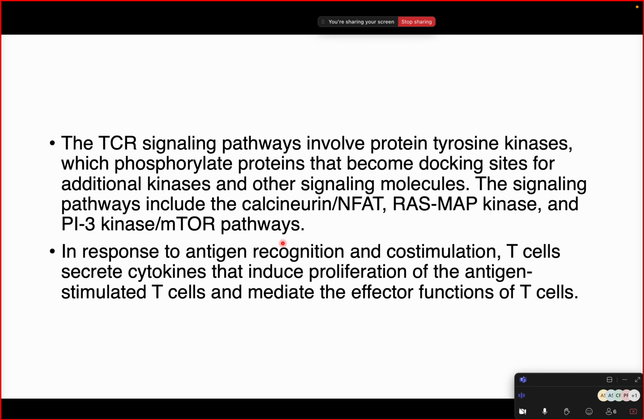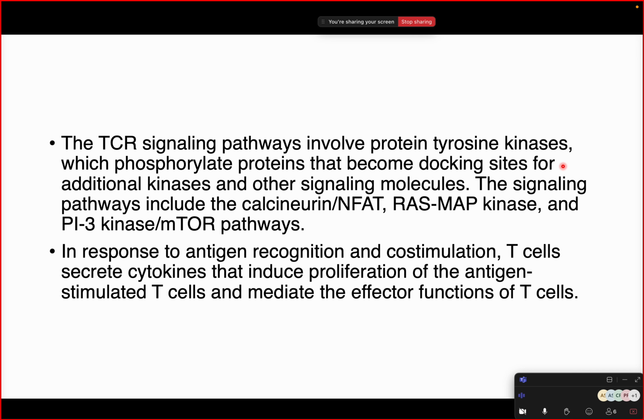The TCR signaling pathways involve protein tyrosine kinases, which phosphorylate proteins that become docking sites for additional kinases and other signaling molecules. The signaling pathways include the calcineurin NFAT, RAS-MAP kinase, and PI3 kinase mTOR pathways.